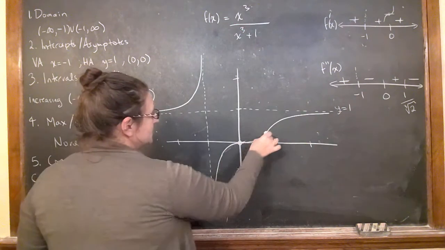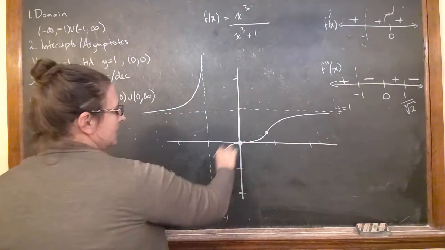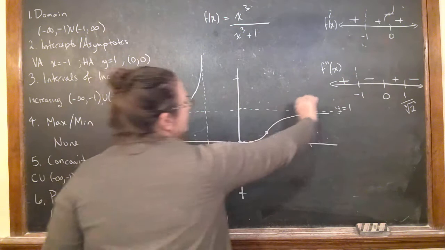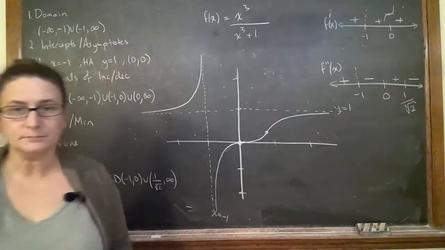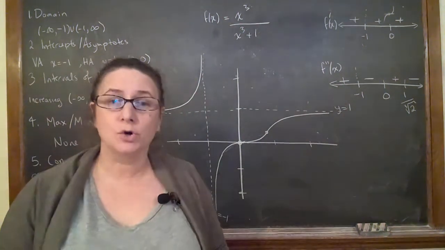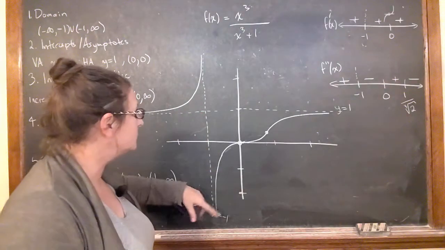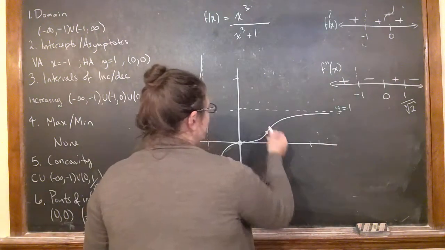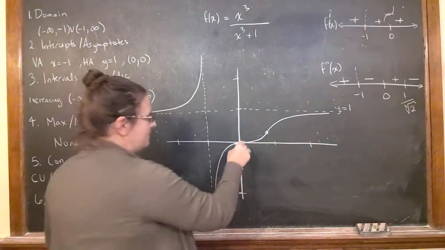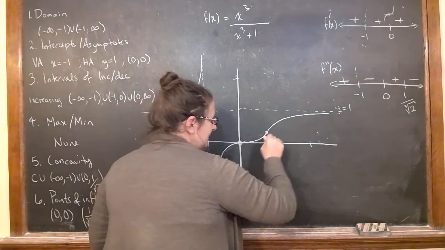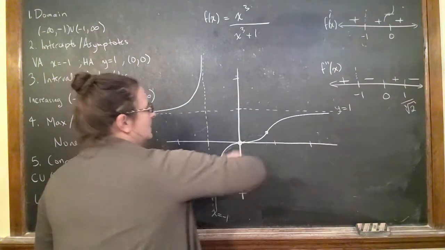Both of these are points of inflection. You can see it's concave down, concave up, and then concave down again. Without the calculus, without taking the second derivative and finding this other point, you wouldn't be able to see that it did that there. You would just maybe think it goes like that.